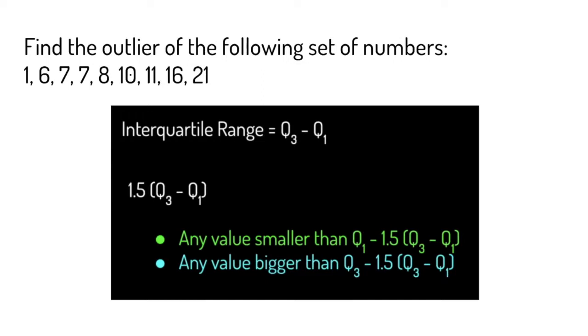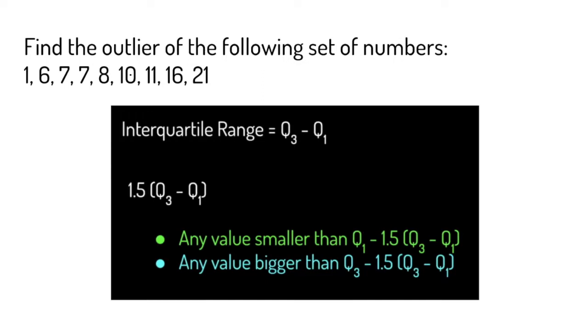Next question. Find the outlier of the following set of numbers: 1, 6, 7, 7, 8, 10, 11, 16, and 21. I've added this picture just to give you an idea how to solve this problem.